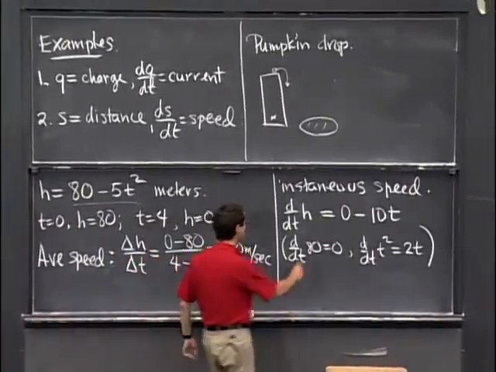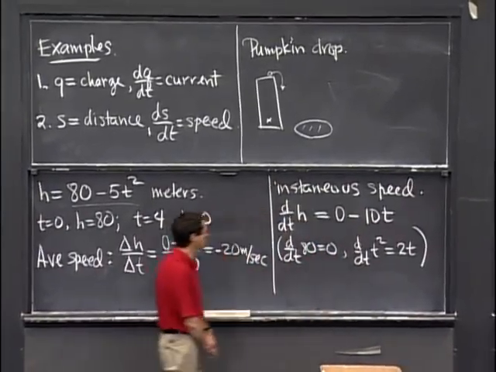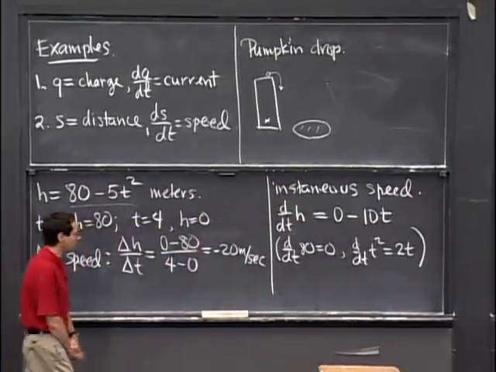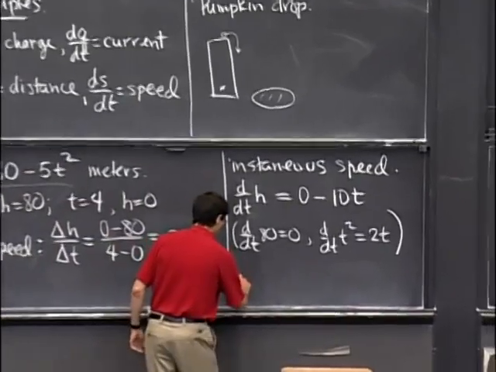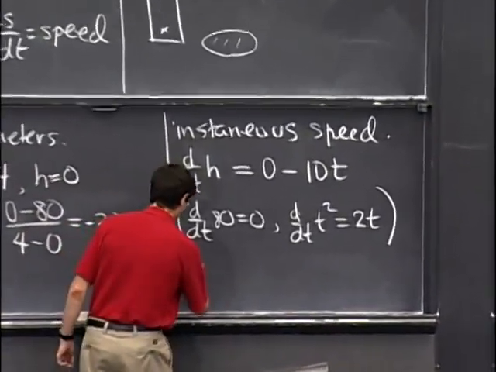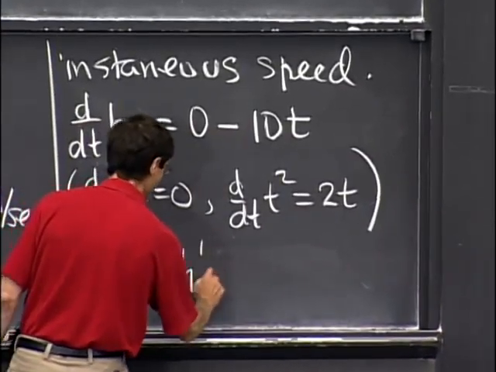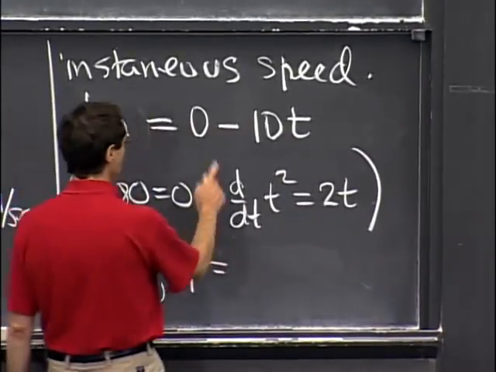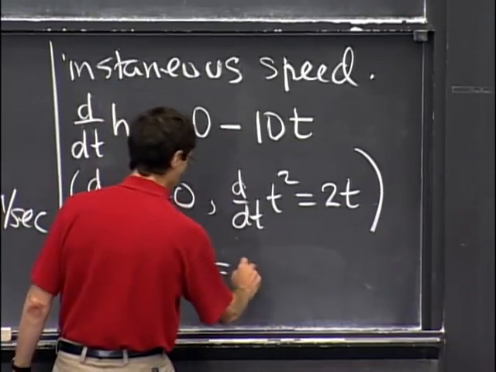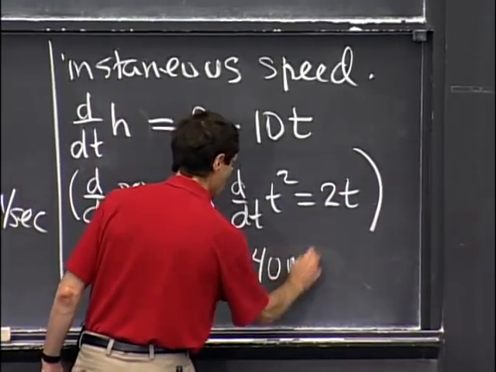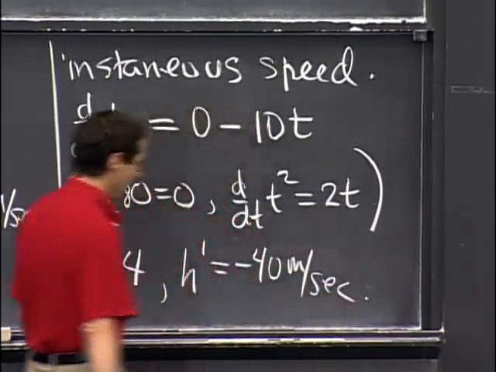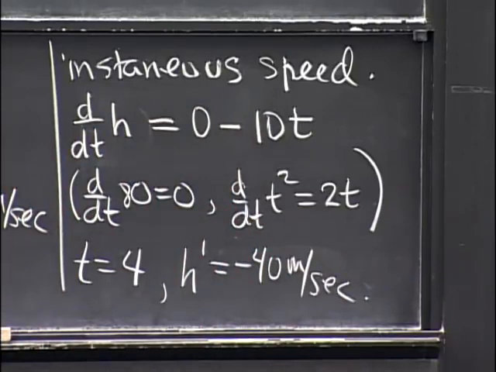Okay, anyway, back over here, we have our rate of change, and this is what it is. And at the bottom, at the point of impact, we have t equal to 4, and so h prime, which is the derivative, is equal to minus 40 meters per second. So twice as fast as the average speed here.